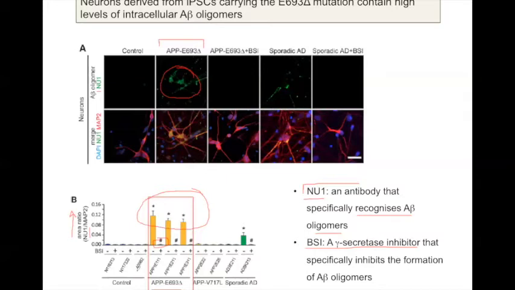Of course, because it is an inherited familial disease, they will carry that mutation in every cell in their body. So taking that skin cell, it was de-differentiated into a pluripotent stem cell, and it was then redirected to form a neuron. Using an antibody against A-beta, the authors found that this particular mutation causes an accumulation in the cells of A-beta protein.